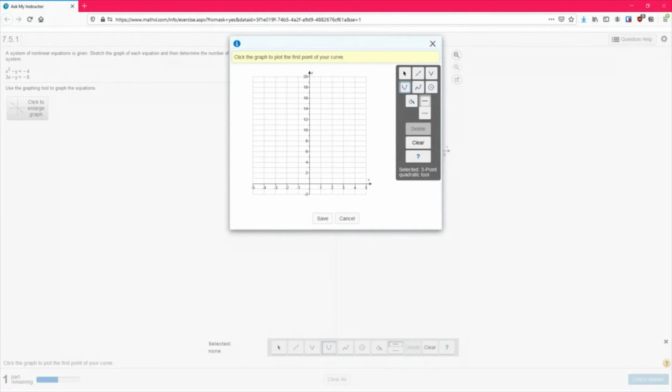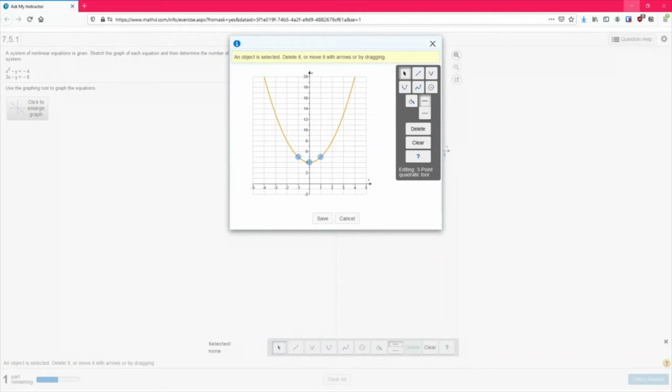So I selected that 3-point quadratic tool, and I'm going to click on (0, 4), (1, 5), and (-1, 5). Those were the 3 points that I found, and then it drew the rest of the pattern of the quadratic. And then I want to draw the straight line.